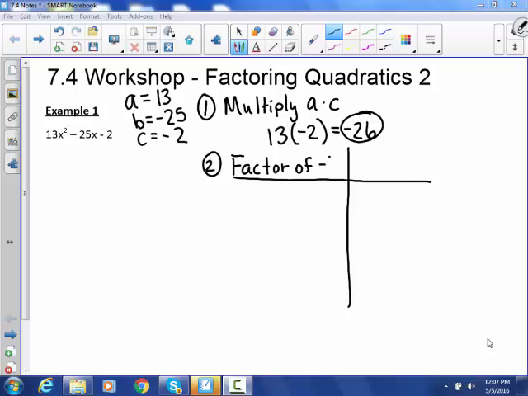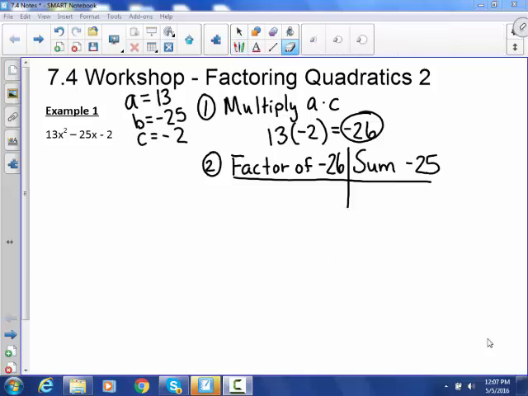So this is factors of negative 26, but the sum still needs to be the B number, which is negative 25. So that doesn't change. The only thing that changed was the factors of. So can anybody think of multiplication problems that would equal negative 26 but would add up to be negative 25?